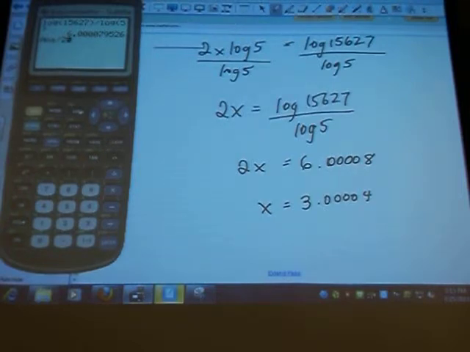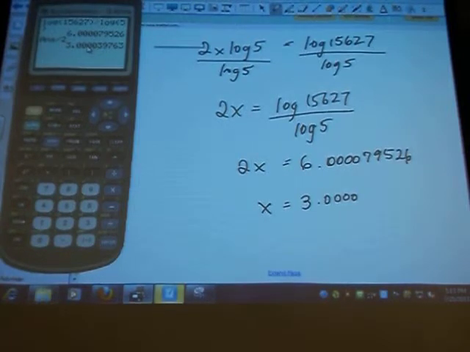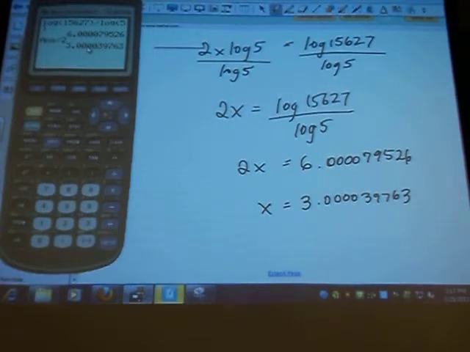Now I got it. I get 3 point... Let me just write all the numbers here. Well, round it to 4 decimal places. Okay. Mine would just be 3.0000.